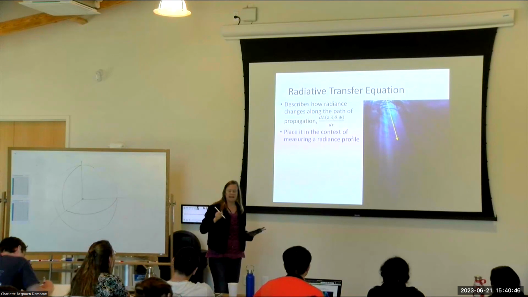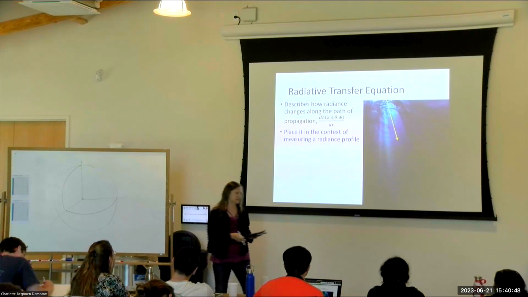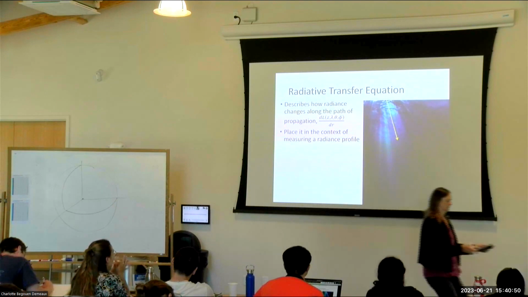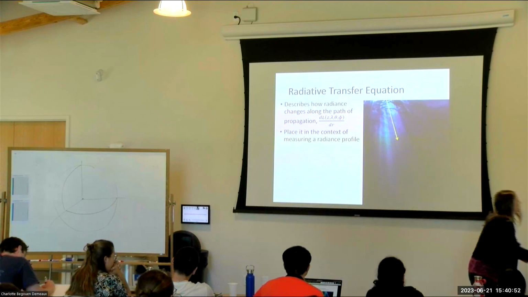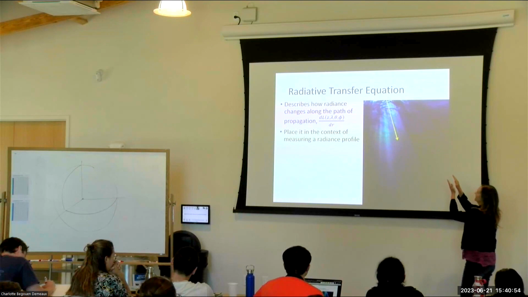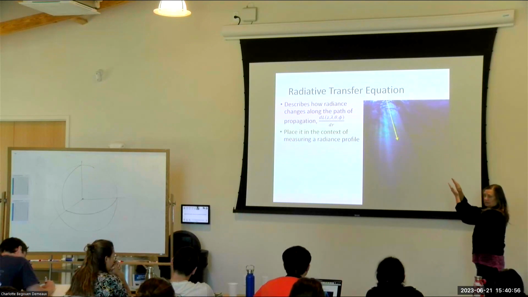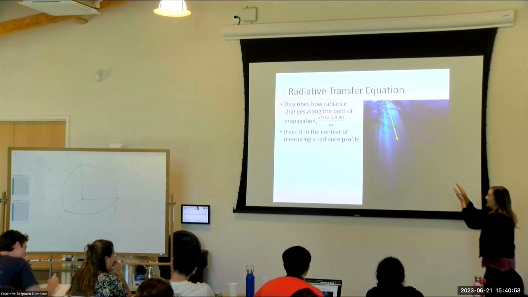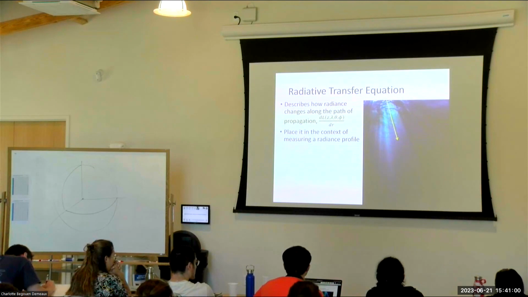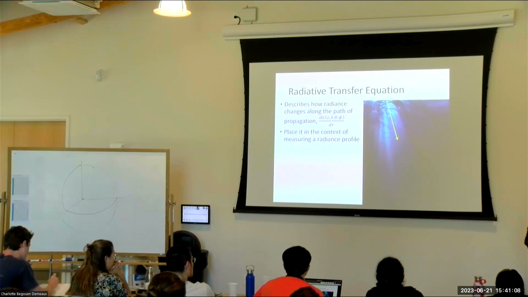But we don't tend to take a radiance sensor and point it at our light and then measure it down that path. We don't move our sensors in line with the direction the radiance is propagating. That would really be a pain in the neck, right?